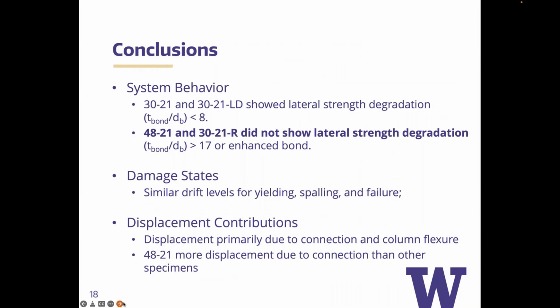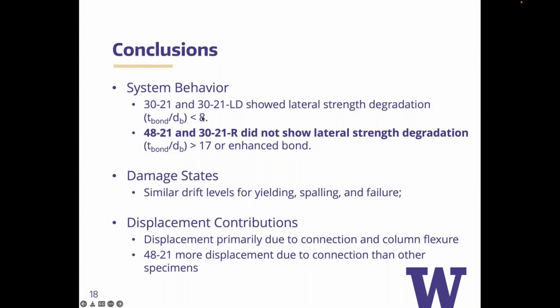So just taking those specimens as a whole, what we see is that the specimen without the ring shows lateral strength degradation. That's also true for the long duration specimen. And when we look at the amount of concrete to the bar diameter, we were somewhere about 8 times the bar diameter.